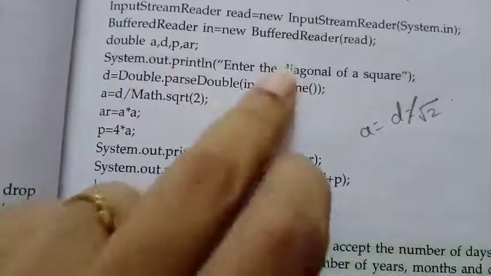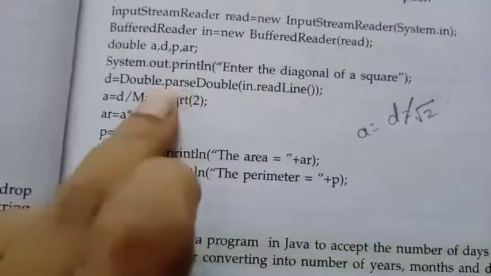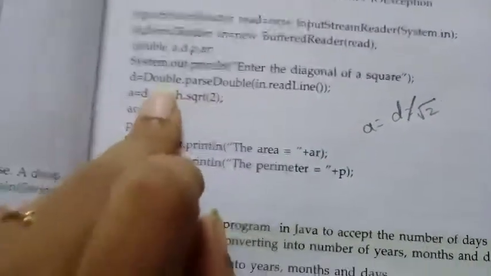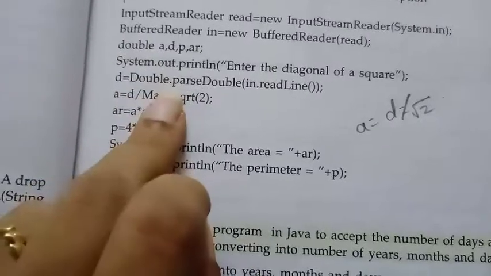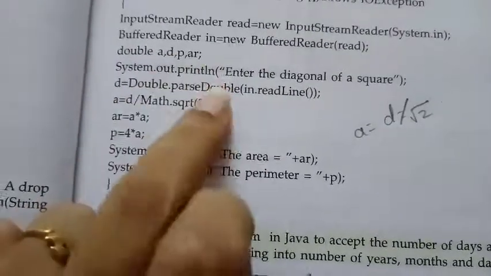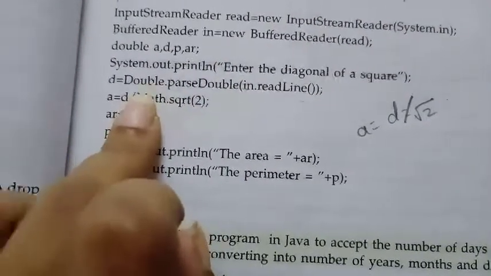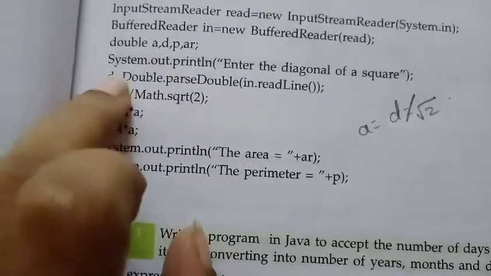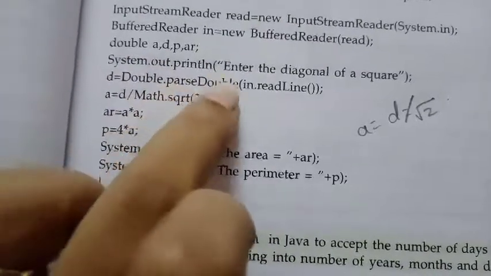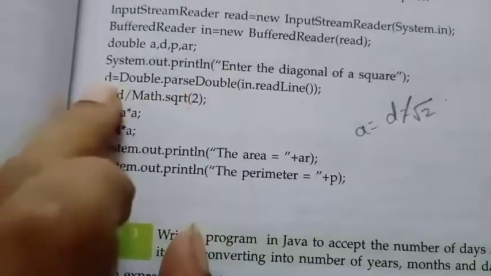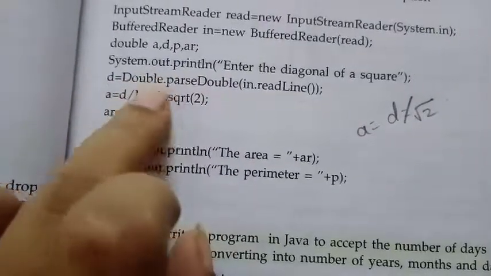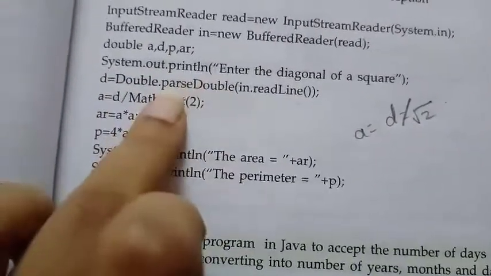And see here, the diagonal of the square you are converting into a double. Okay, in the last program we saw it as an integer, but here we are converting it as a double. So we are using the class Double.parseDouble. Okay, can you see the difference? It's going to be the same, but only the data type is going to be changed.